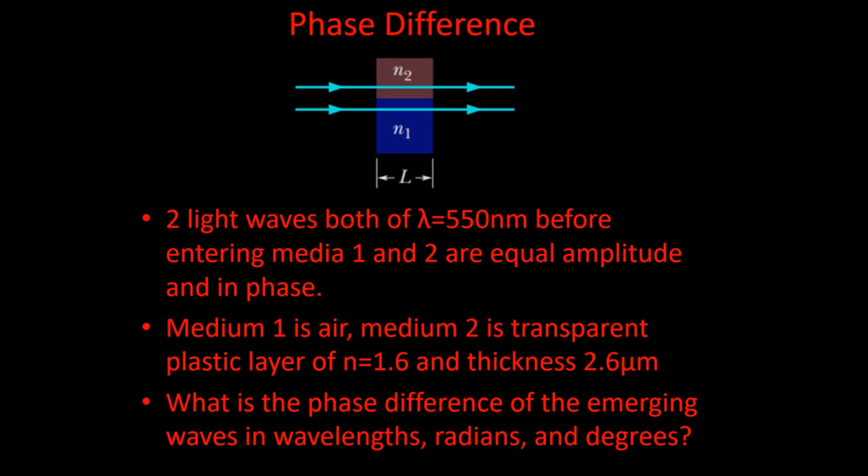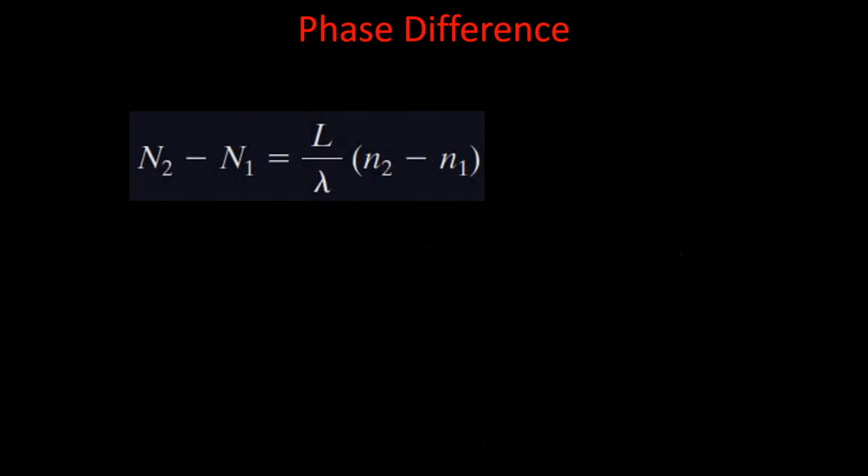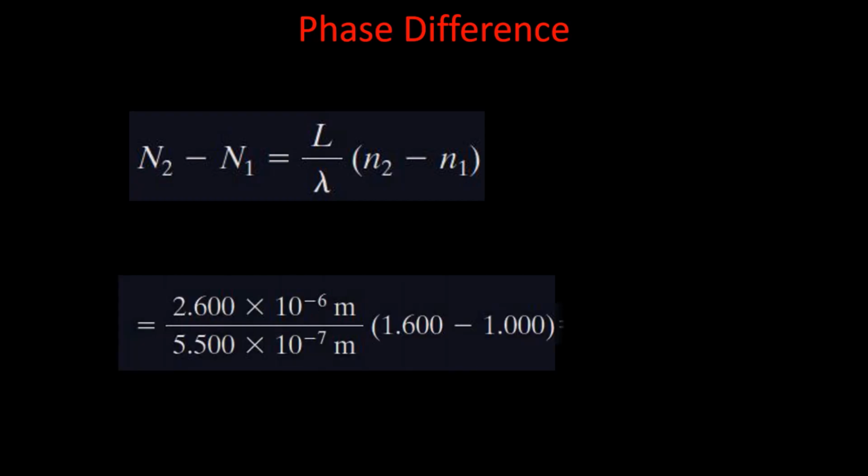So here we're doing it all. Remember, our formula for the phase difference was L over lambda, the wavelength, times N2 minus N1. The path length here was 2.6 microns, so this is 2.6 times 10 to the minus 6 meters. This is the thickness of the plastic film the light wave went through.